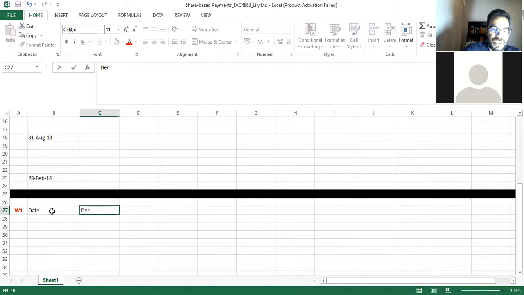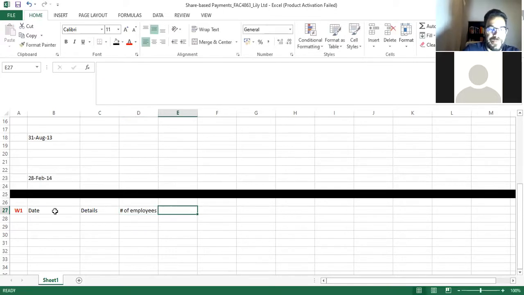I like to put details. Number of employees, number of shares, and then the fair value.